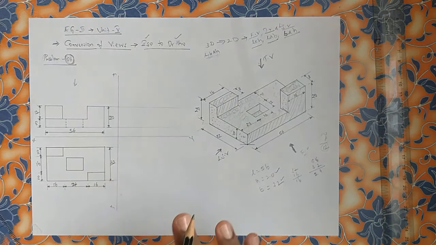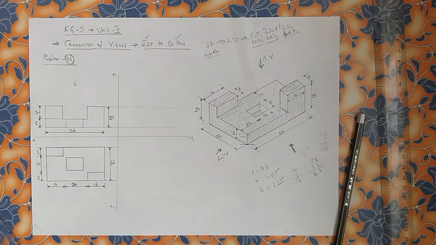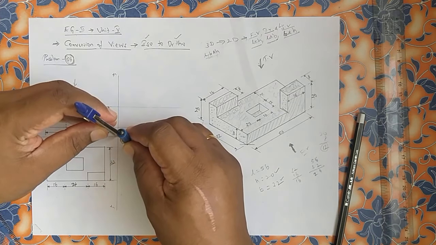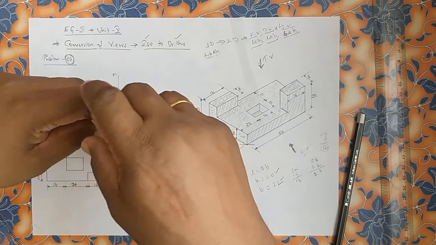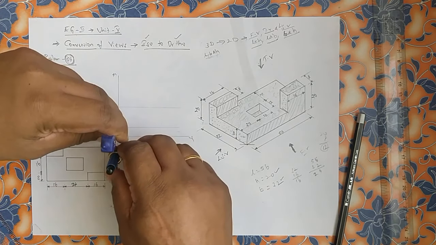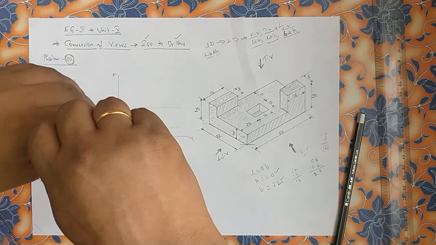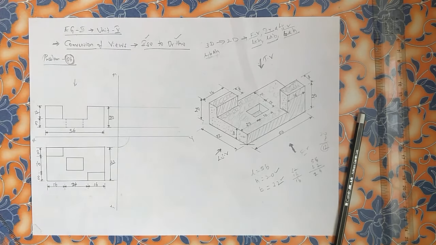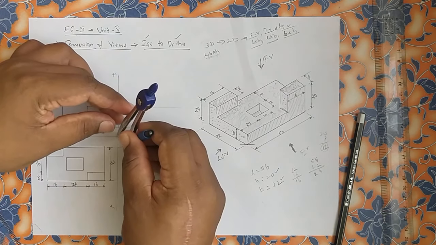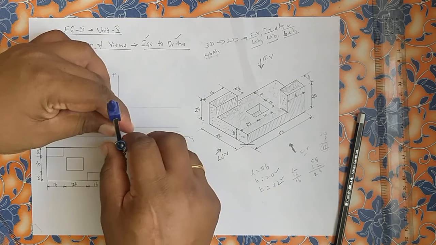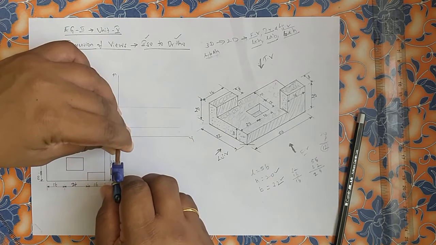If you have the clear idea you can directly go to that. See, take the compass with respect to center and radius of the first line. Try to draw or cut the arc up to the XY line with respect to center, and another boundary up to here.